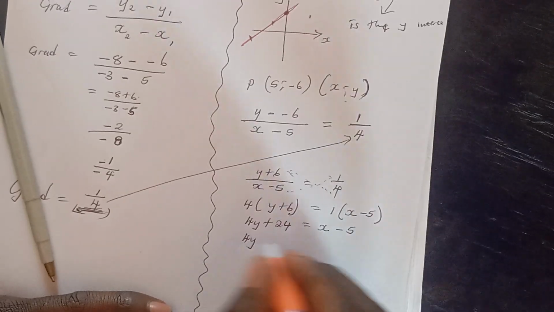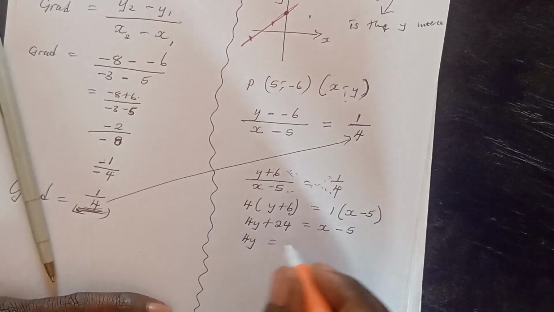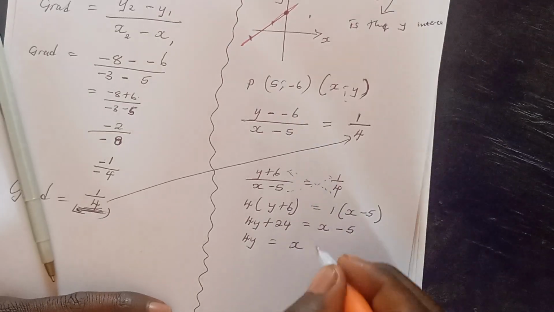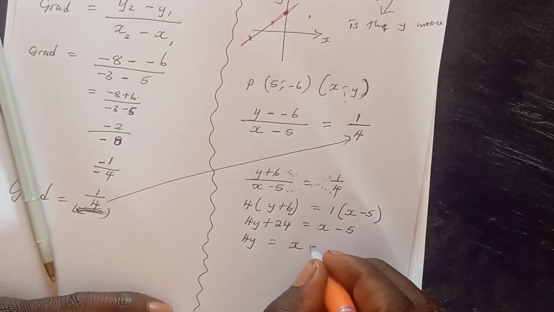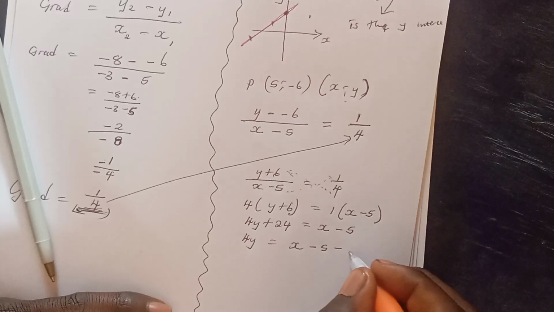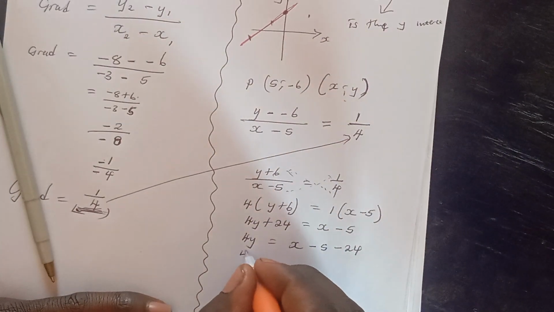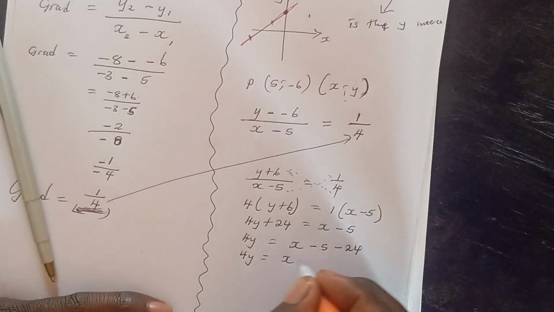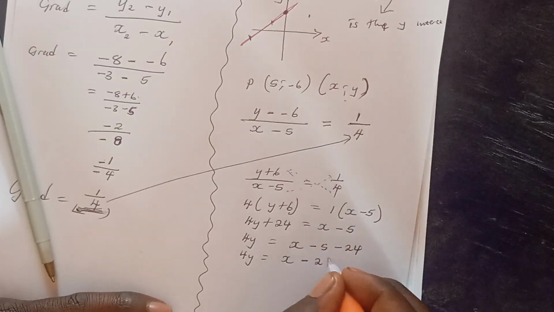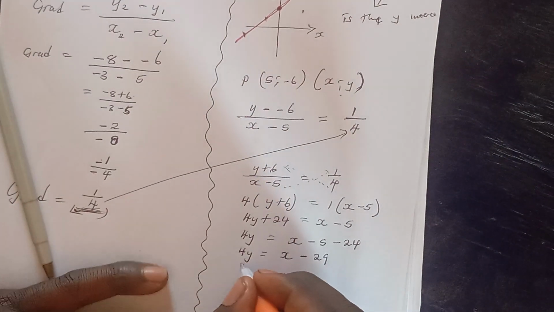We leave 4y on the left side, then we collect other values: minus 5 minus 24. This gives us 4y is equal to x minus 29. Then we divide by 4.